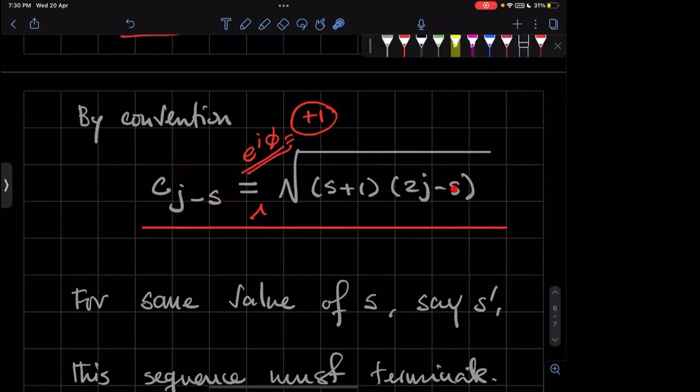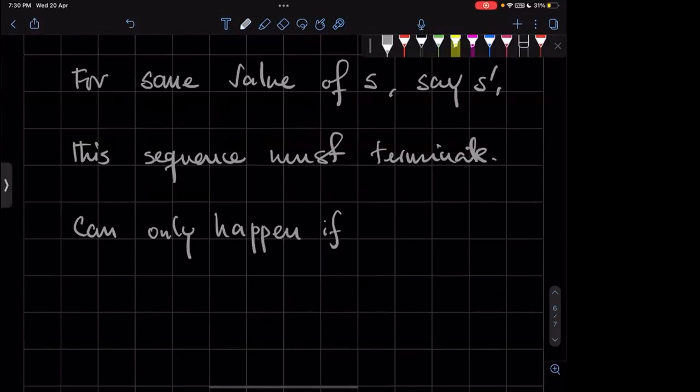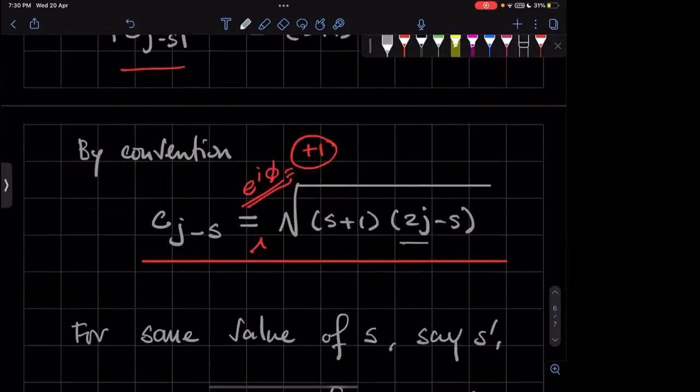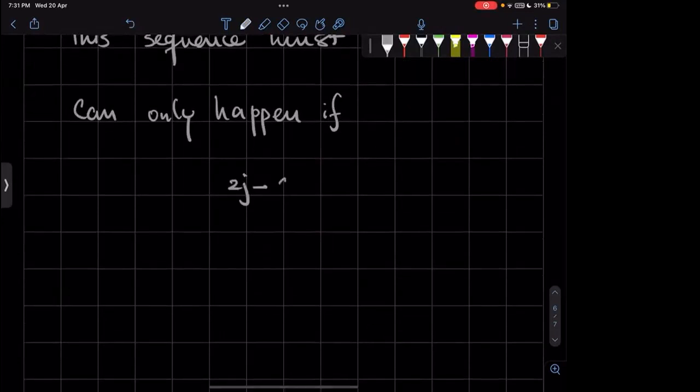The lowering operator will just keep lowering and generating more and more states. So this can only happen if this factor, which is 2j minus S prime, is the particular value where this happens, becomes 0.